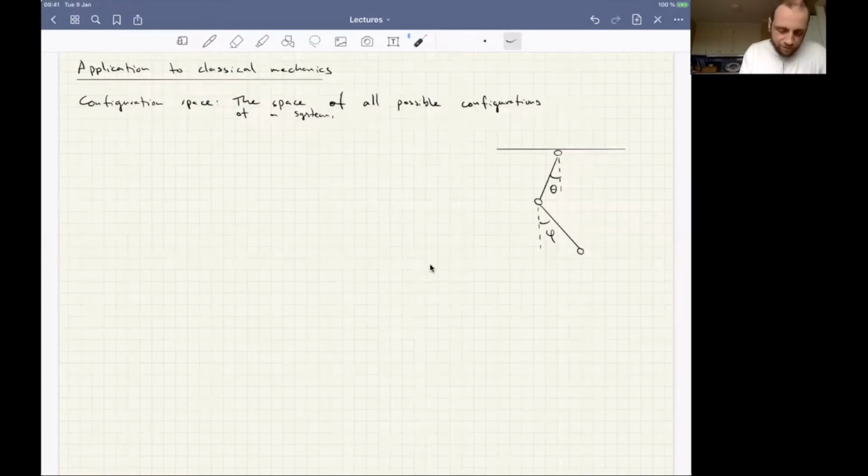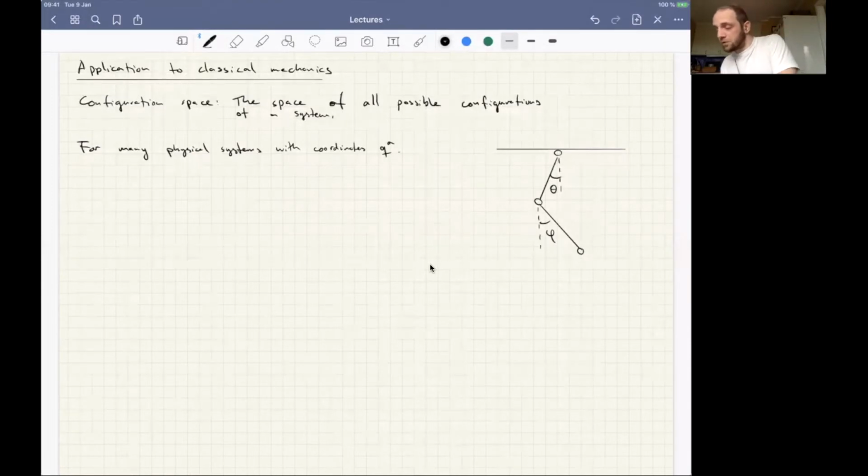But in general, for many physical systems, let's say with coordinates, I'm going to call them Q now because it's very common in physics to use Q for your coordinates.